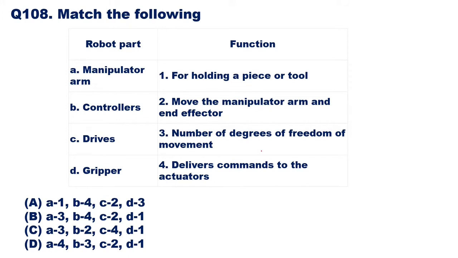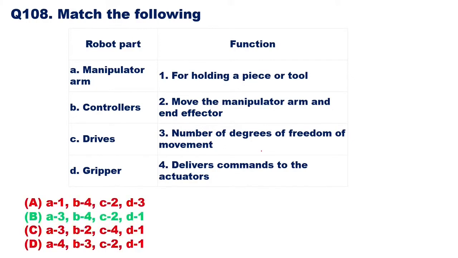Out of the combinations in options A, B, C, D given, option B will be the right answer, where A, manipulator arm, is combined with option 3. Then B, controller, is combined with option 4, C, drives, is combined with 2, and D, gripper, is combined with the first one. So choice B will be the right answer.